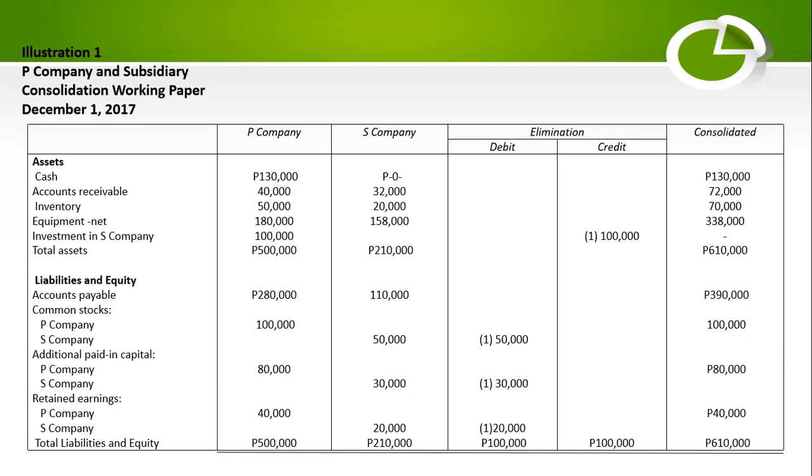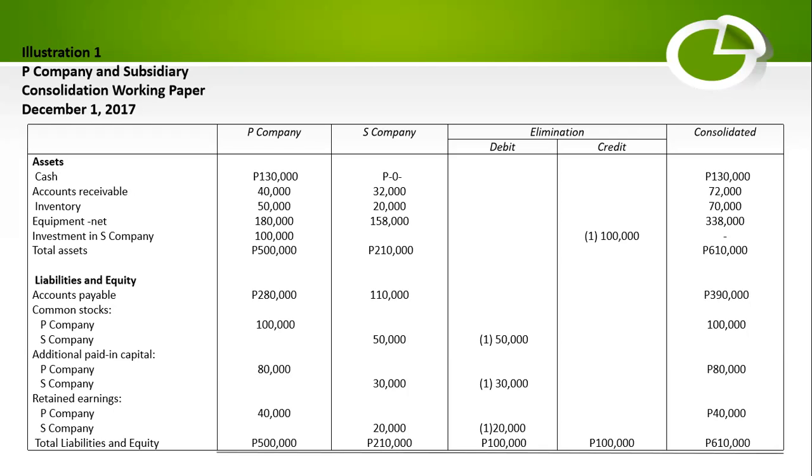Now the main reason why we have to prepare elimination entries is because upon combination, the parent and the subsidiary, we consider only one company. And so all the reciprocal accounts should be eliminated, and the shareholders' equity accounts of the subsidiary should likewise be eliminated.